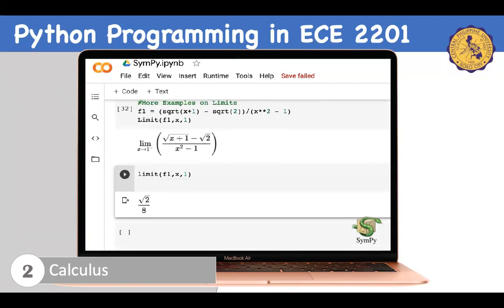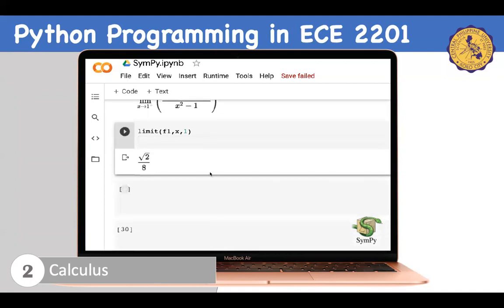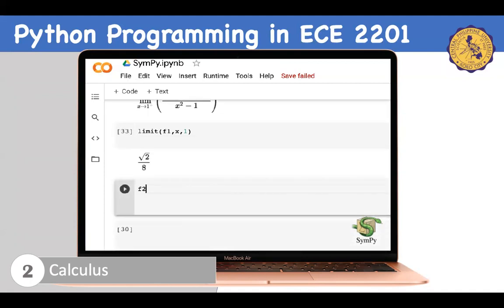Now we go to another problem. Let's label this as f2. f2 equals, I will create a fraction here.